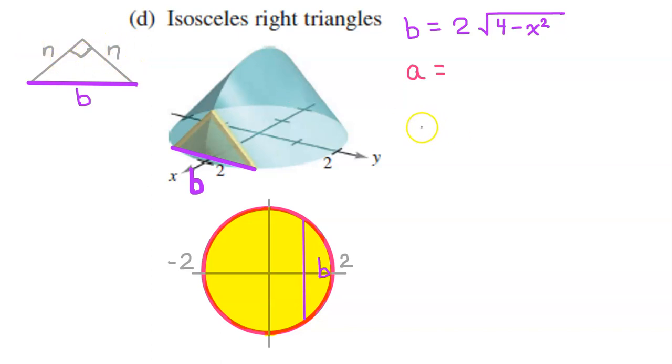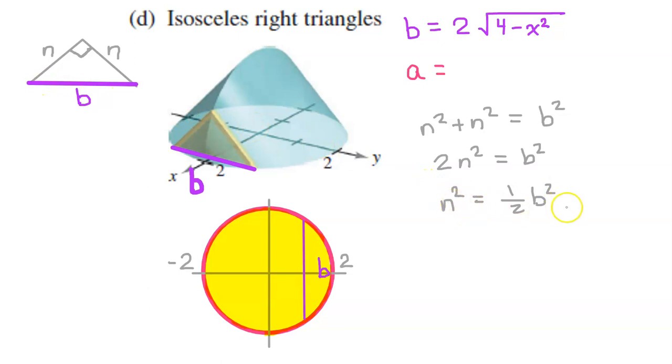So I have n squared plus n squared is equal to b squared. If I add these two together, that gives me 2n squared is equal to b squared. Dividing both sides by 2, I have n squared is equal to 1/2 b squared.